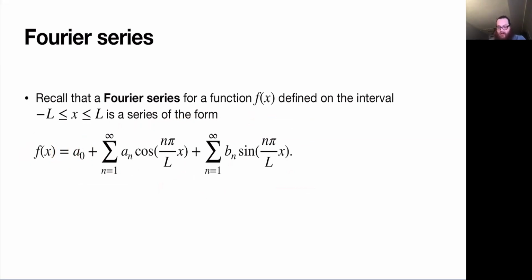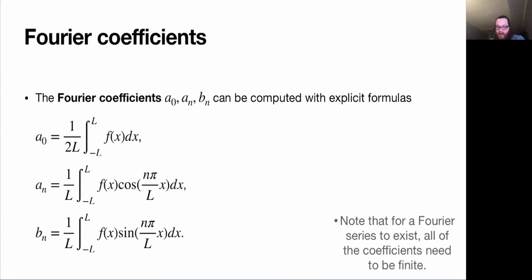And so as we've seen, if you want a series like this, you need to know what these coefficients are, okay? And we have formulas to compute those coefficients, right? In particular, the constant term is going to be 1 over the length of the interval, negative L to L, that has length 2L, so 1 over the length of the interval times the integral of the function.